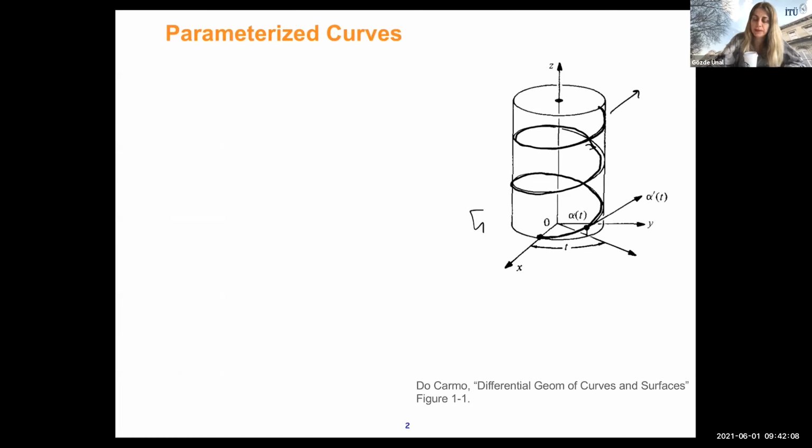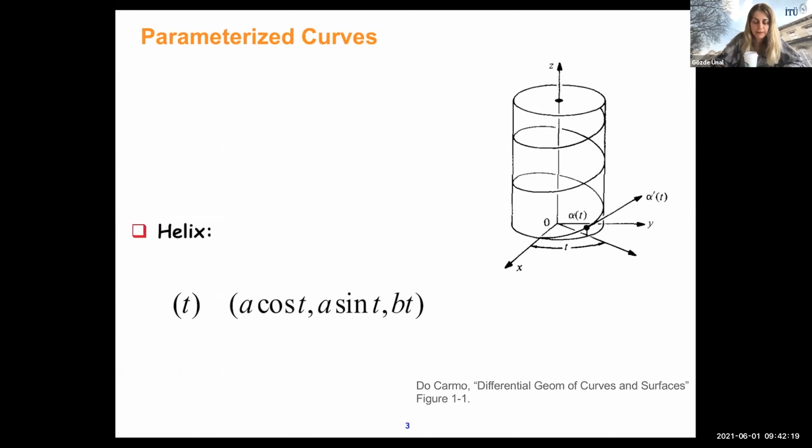I now give the hint. I can actually express this curve as a function of a single parameter. And again, unfortunately, the PowerPoint doesn't show this. Maybe I can look at my other screen and try to write this. So this is actually the parameterization of the helix curve.